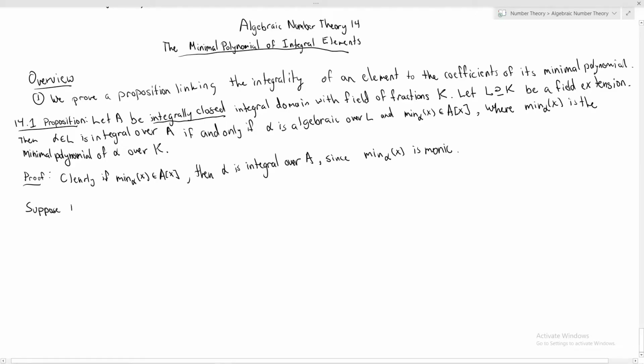Suppose now alpha is integral over A. So I know it satisfies some polynomial with coefficients in A. I have to show that the minimal polynomial necessarily has coefficients in A.